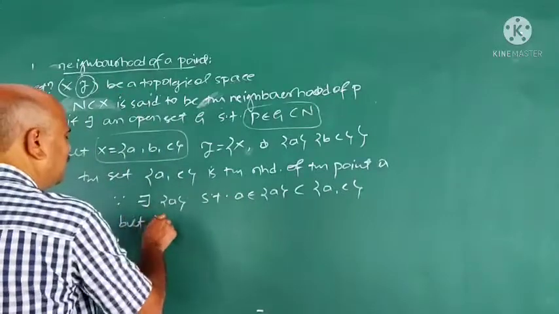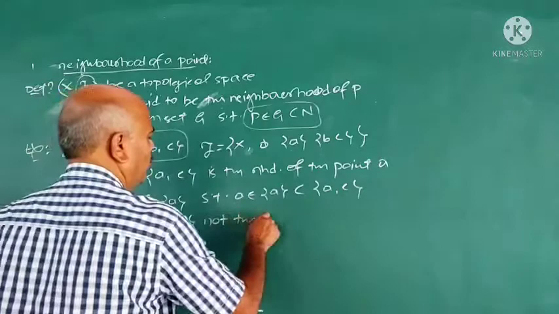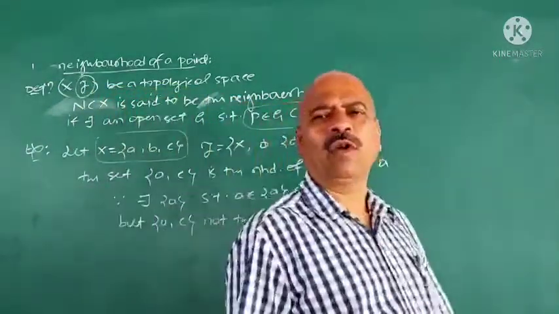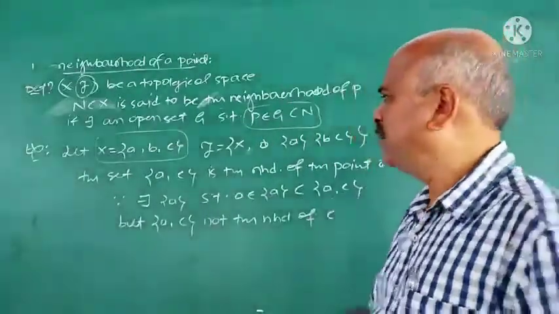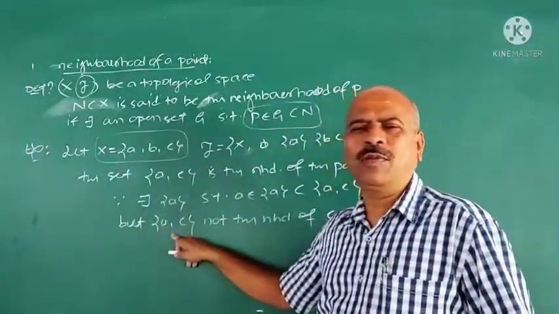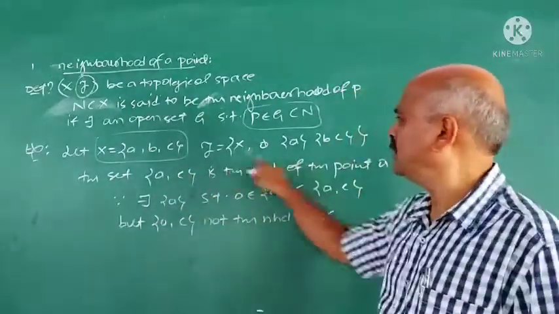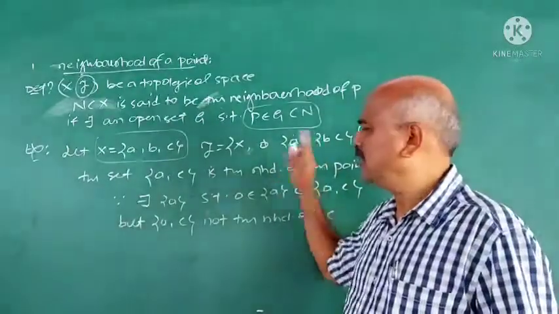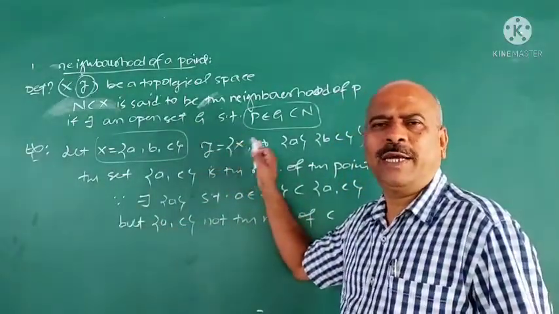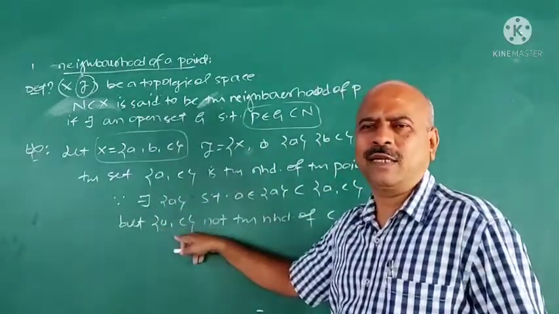But AC is not the neighborhood of C. Why is AC not the neighborhood of C? Understand, the definition is important here. When do you say that N is a neighborhood of a point? If there exists an open set, meaning a member of tau, such that P belongs to that open set and that open set is contained in N. N is AC here.